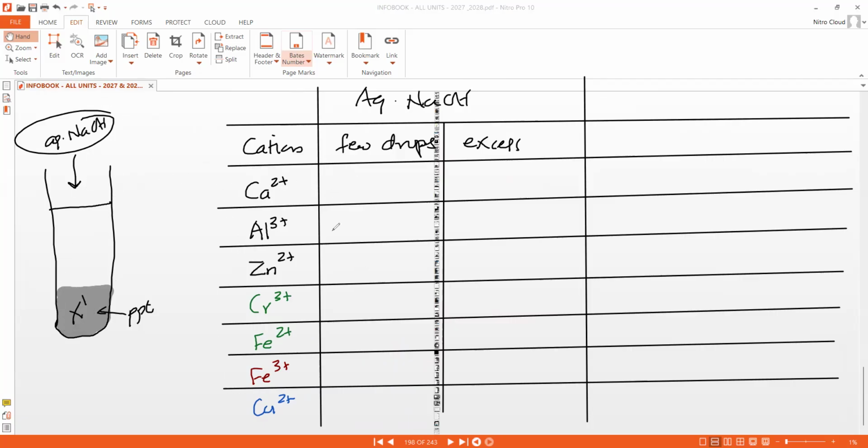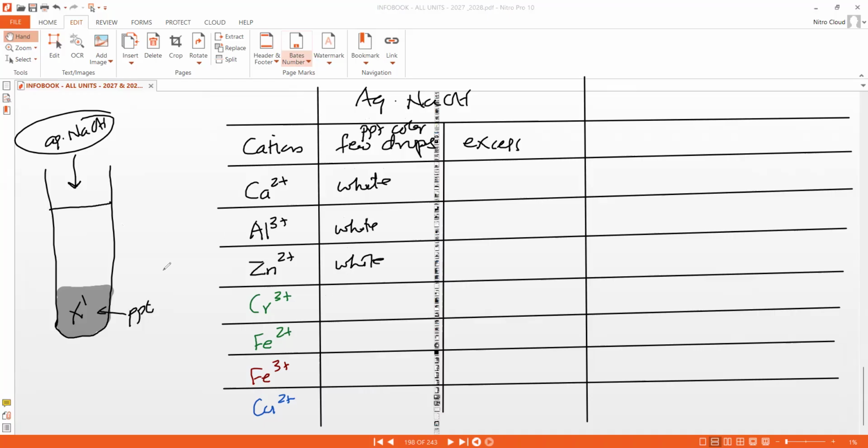So if calcium, aluminum, zinc, which are non-transition metals, are present, the precipitate color will be white for all the three.